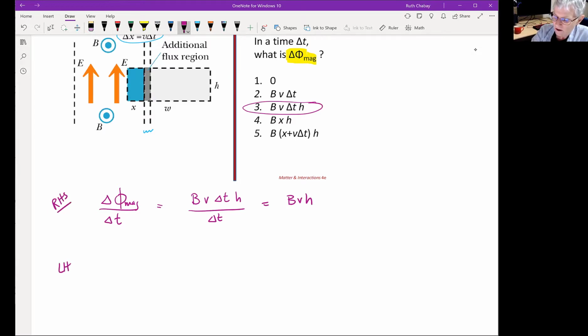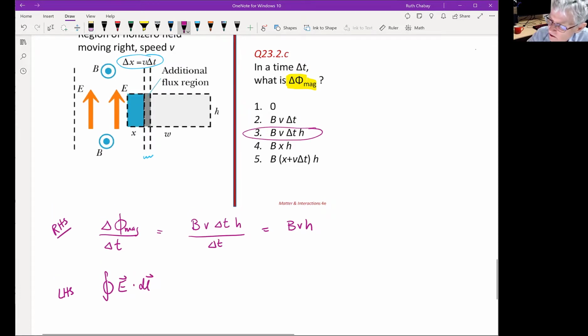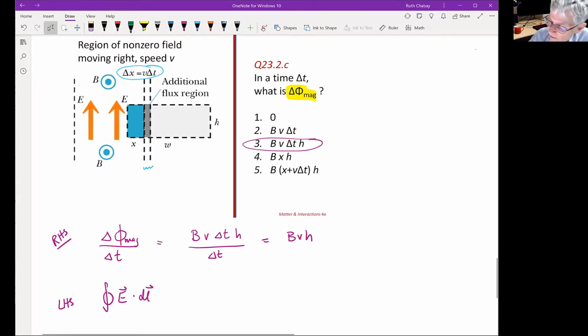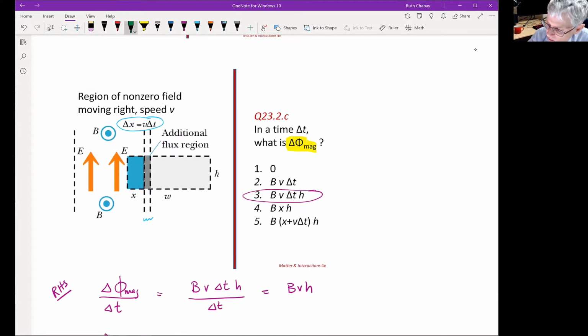The left-hand side, we need the integral of E dot dl around this path. And so let's remember our path. We'll take it counterclockwise. So we're going up the left-hand side, across the top, down the right-hand side, and back there.